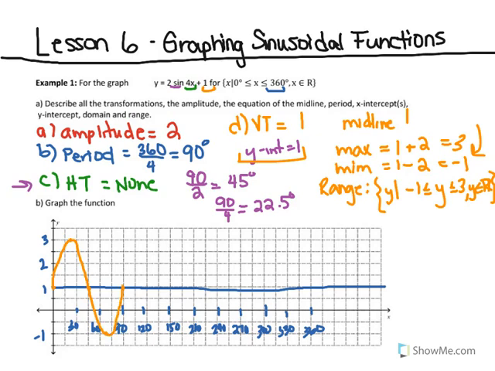And now we want to draw it from 0 to 360 degrees, so we have to keep going. So we'll just keep drawing all of our lines. So we have a maximum, then we hit the midline, then we have a minimum, then we hit the midline, and that should be another 90 degrees. And it is, I just missed 180.